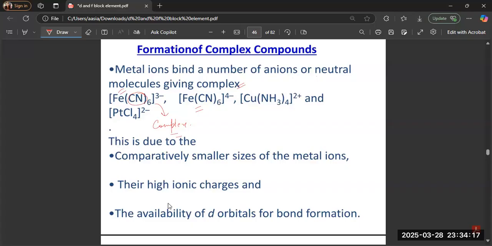These are examples of complex compounds formed by metal ions. Why do metal ions combine with anions or neutral molecules to give a complex?